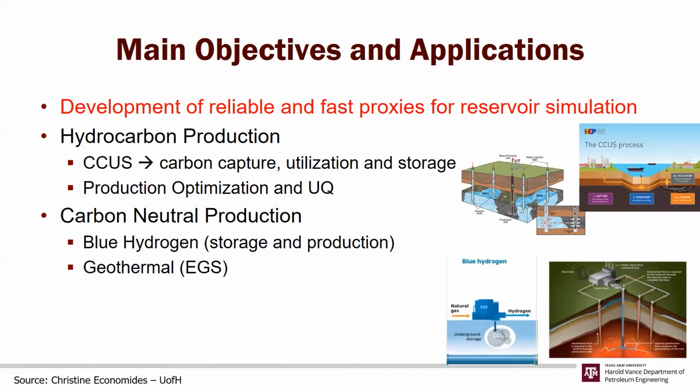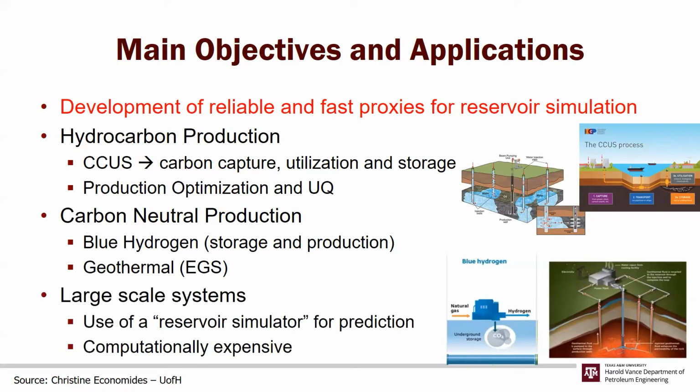To do that we need lots of simulation, which takes a long time. Those are large scale systems. It's computationally expensive. One simulation takes several hours to days if you have a very complicated reservoir.